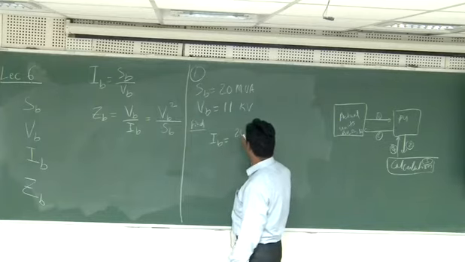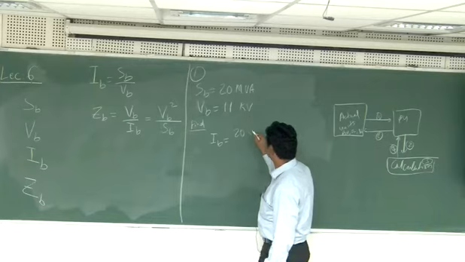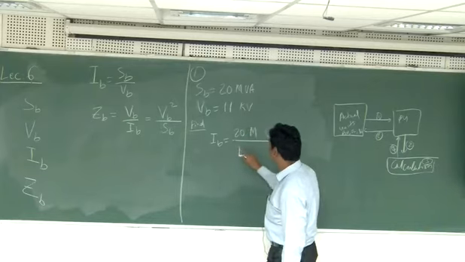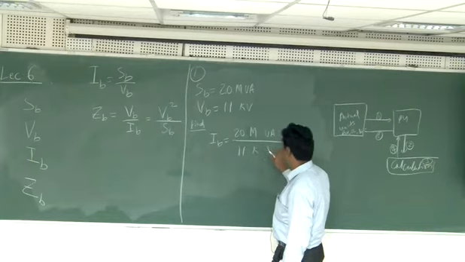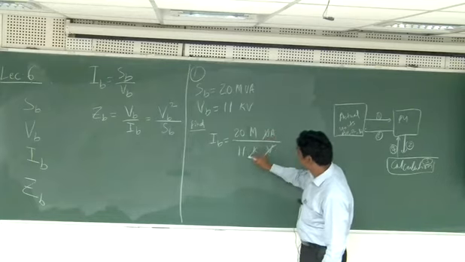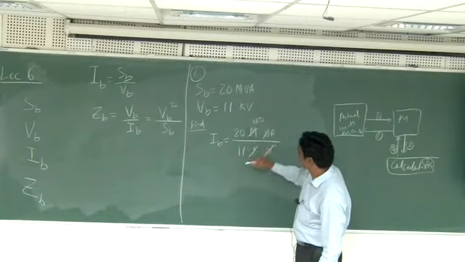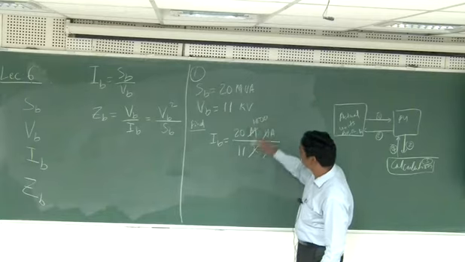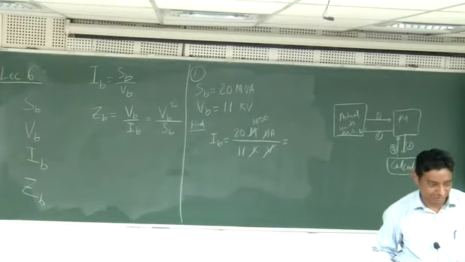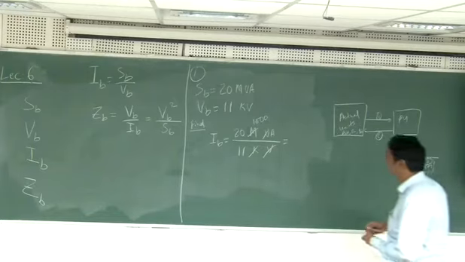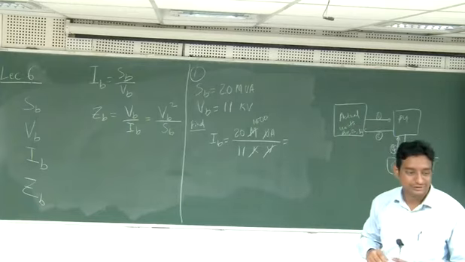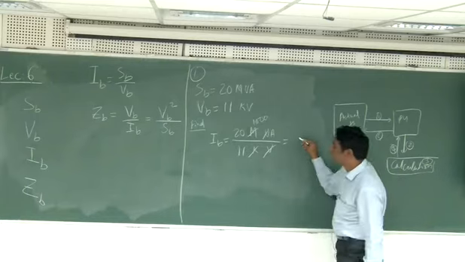So 20 MVA divided by 11 kV. The V will get cancelled. This K will be 1000 here, so 20,000 divided by 11. How much is that? Can someone quickly calculate it and tell? How much?